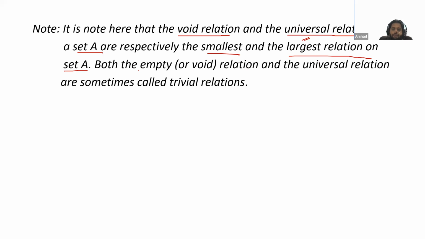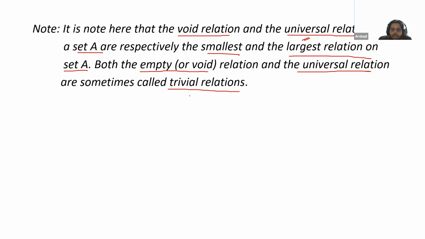Next thing is that both the empty or void relation and the universal relation are sometimes called trivial relations. So empty and universal relations are also called trivial relations.